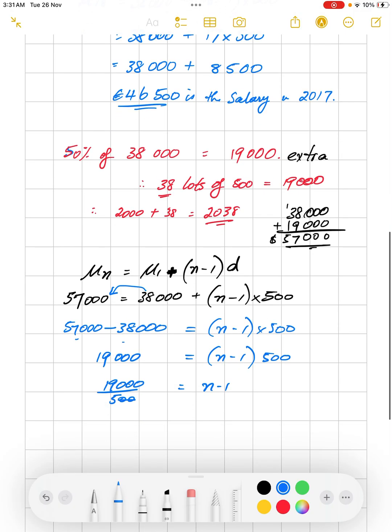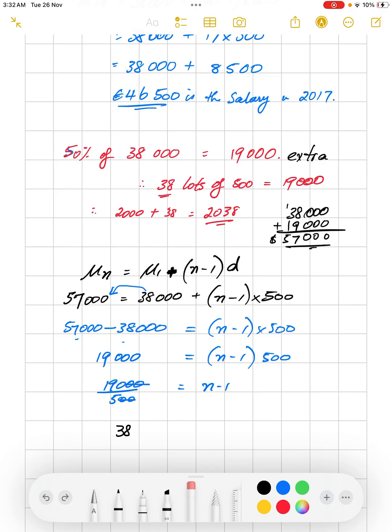So we've got 5 goes into 190. 380? Is that right? That's wrong. 5 goes into 190 only 38 times.